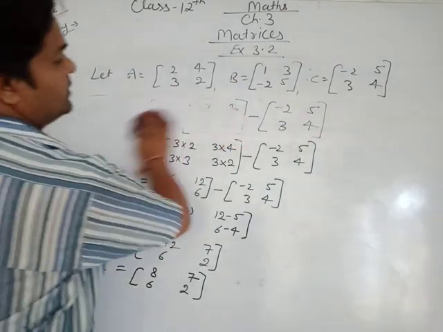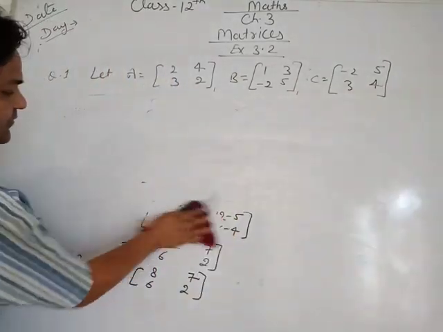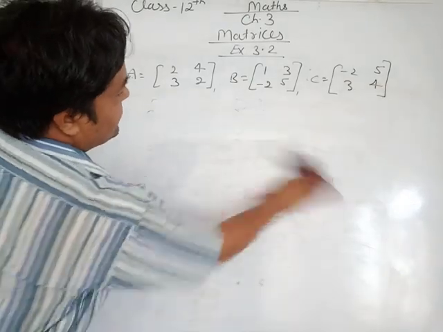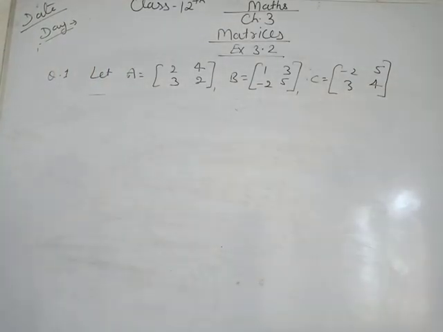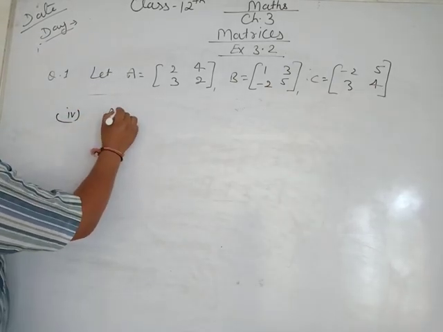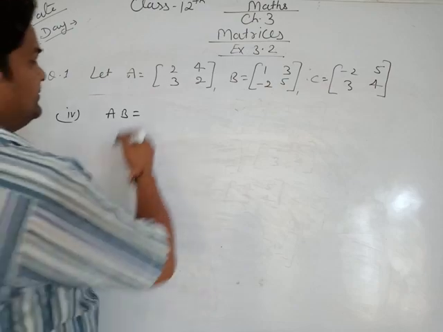Now the next question is AB, the next part of this question. It is different from addition and subtraction. Multiplication is a part. Now AB, the fourth part, means the product of A and B. We have given both matrices and multiply them.